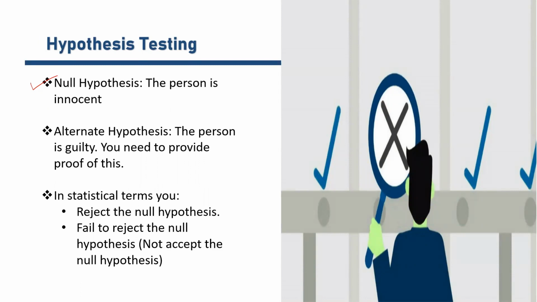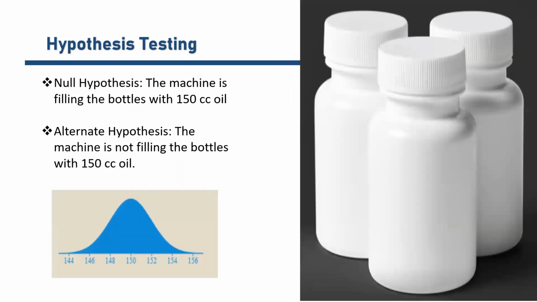And a similar thing can happen for the industrial scenario for hypothesis testing, right? Now let's look into this, where with regards to an industrial scenario, you have a perfume making company, and your bottle volume is 150 cc, so every bottle will have 150 cc.